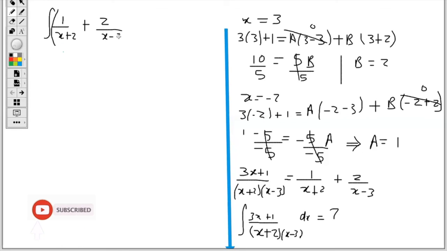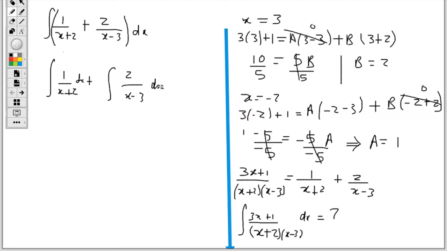If we're integrating this, we express it as the two fractions that we just created, then integrate them individually. So we'll have the integral of 1 over x plus 2 plus the integral of 2 over x minus 3. Don't forget your dx. dx means you're integrating with respect to x.